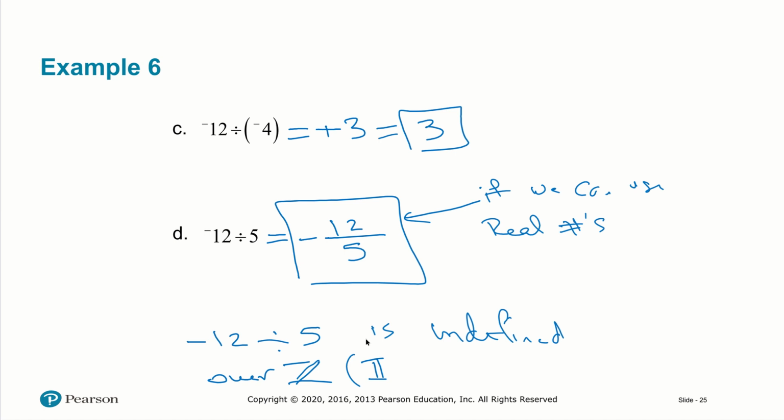So it would not be well defined. So it does not exist. So negative 12 divided by negative 5 is not an answer that exists within the set of integers. Because remember, the set of integers is a set of all nice numbers, just both positive and negative ones. Right? And of course, this is not a member of this set. Okay?